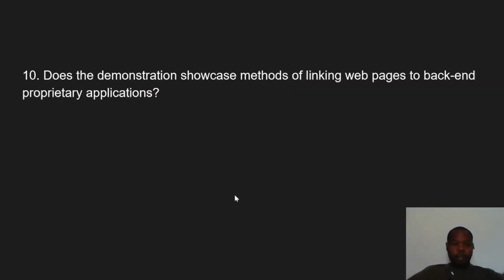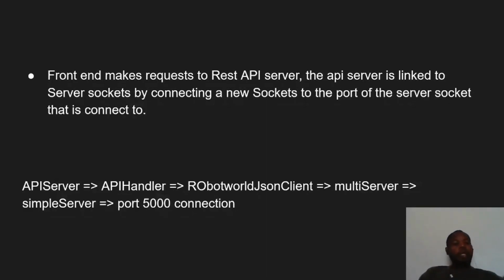And then, does the demonstration showcase methods of linking web pages to backend proprietary applications? The front end would make requests to the API server, and the API server is linked to server sockets by connecting new sockets to the port of the server socket that it is connected to.